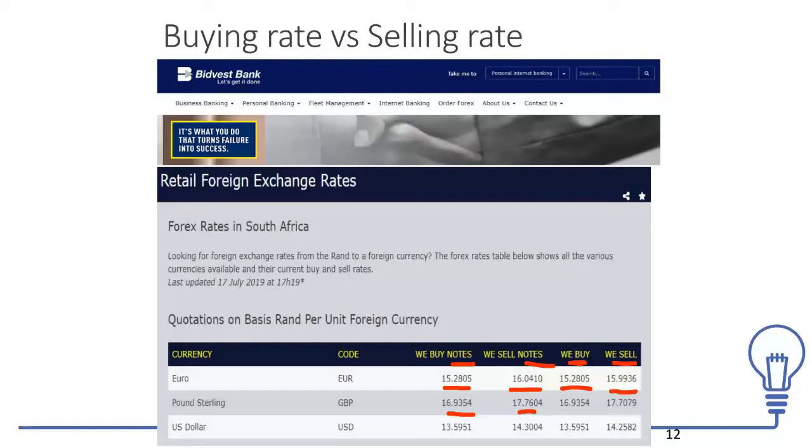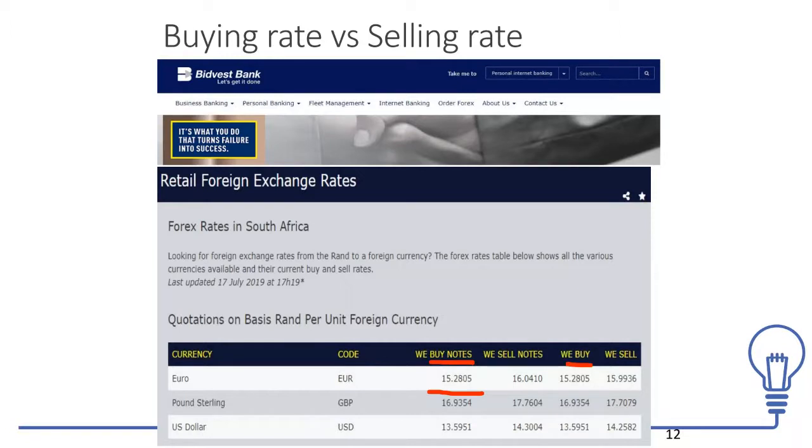So we're going to take a little break from the definitions, and I just want to show you some of these rates. If you have a look at Bidvest, Bidvest is willing to buy your notes, right? When they say notes here, they're talking about hard cash, so paper money, like real money.